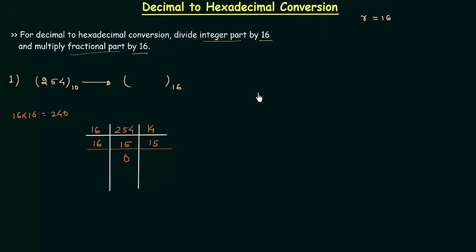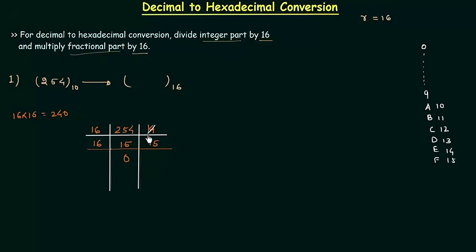Now if you remember the first presentation, we had 16 distinct digits in the hexadecimal number system, starting from 0 up to 9, and 10 is written as A, B is 11, C is 12, D is 13, E is 14, and F is 15.